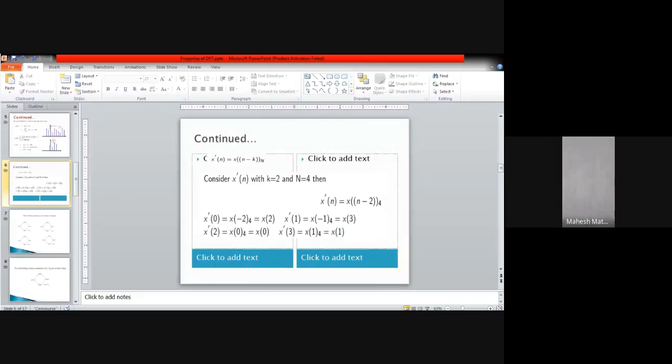Now whether it is visible? No sir, it is blur. Now what to do about this?